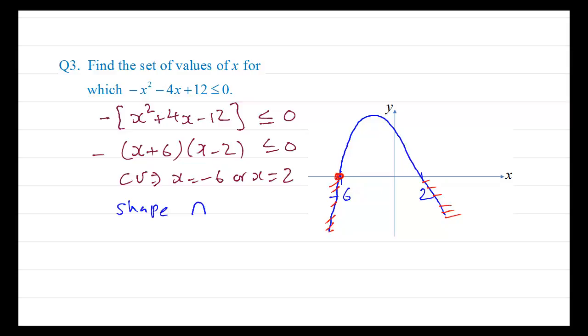So the corresponding solutions, minus 6 or less, 2 or more. So x is less than or equal to minus 6, or x is greater than or equal to 2.